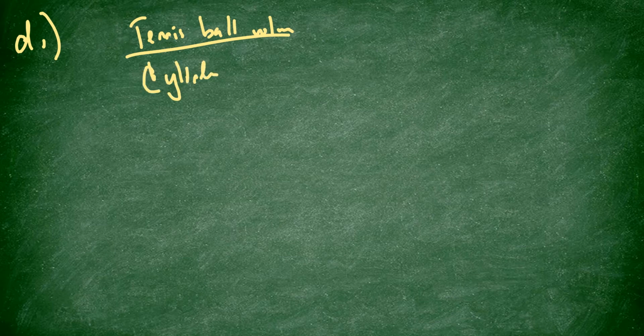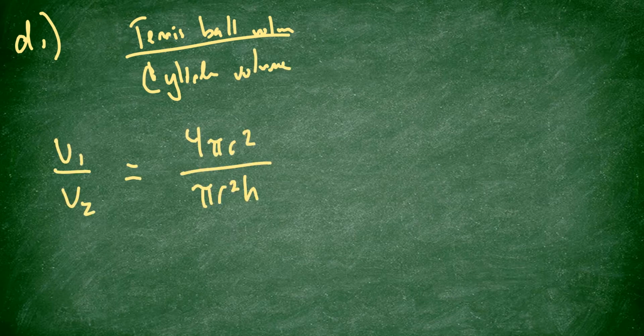Alright, so D says what fraction of the can's volume is taken up by the tennis balls. So they want to know what is the tennis ball volume compared to the cylinder volume. So I'm going to put the two formulas: that's the volume of the tennis balls, and that's the volume of the cylinder.